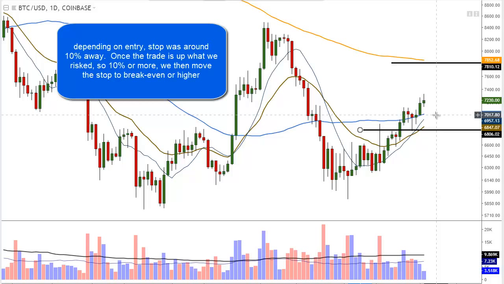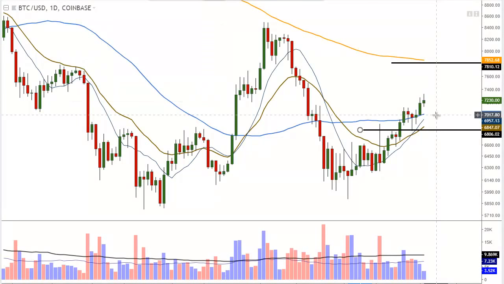And the significance of a profit of 10 to 12% is just that it is what we risked on the trade. So we're risking about 12%. So once we're up close to that level, we want to at least raise the stop to break even for shorter term counter trades, or even higher, so that we don't let a positive trade turn into a negative.